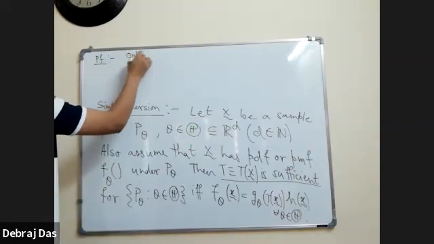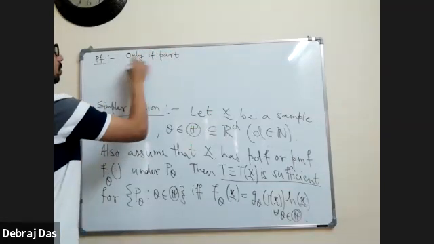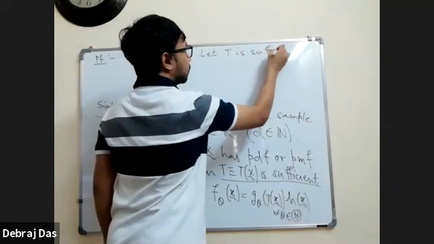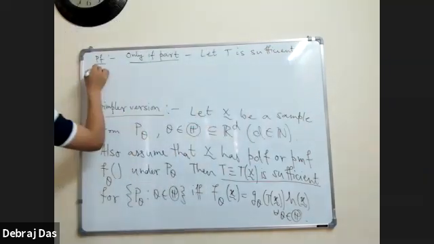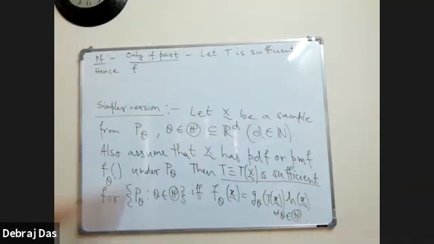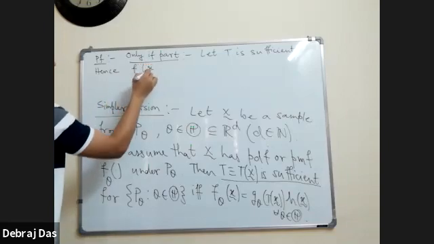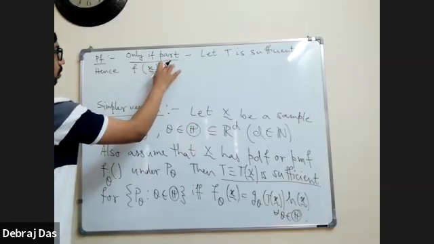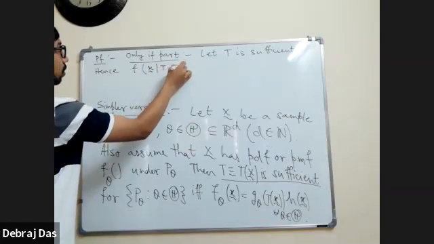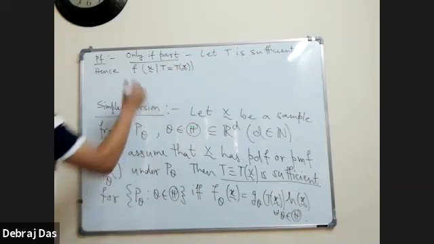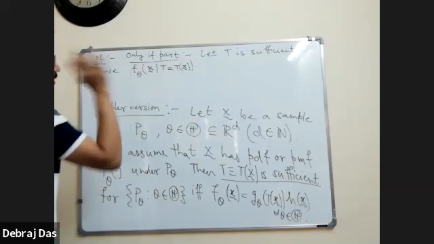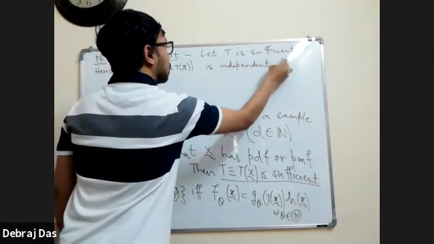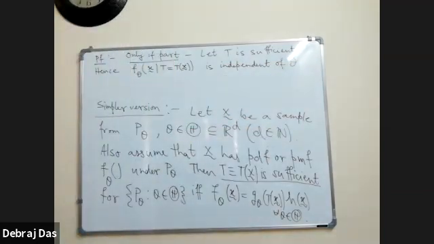So only for, let T be sufficient. Hence, if X curl given T, right.